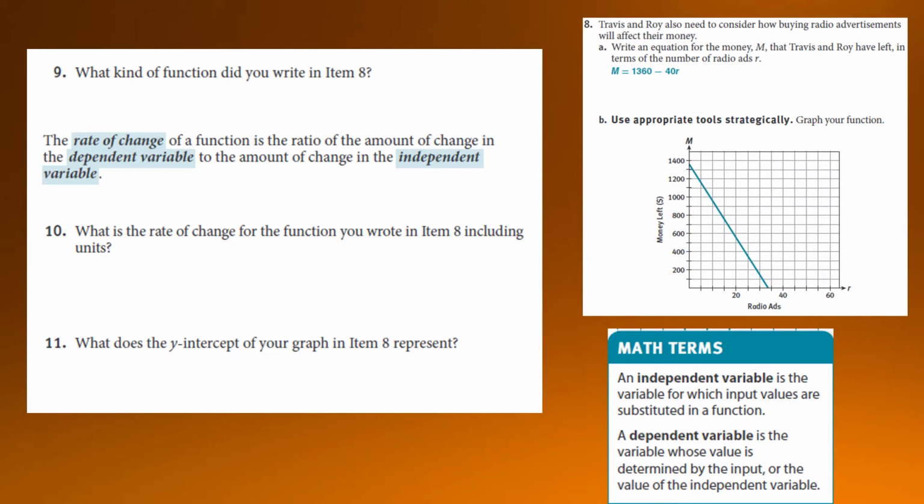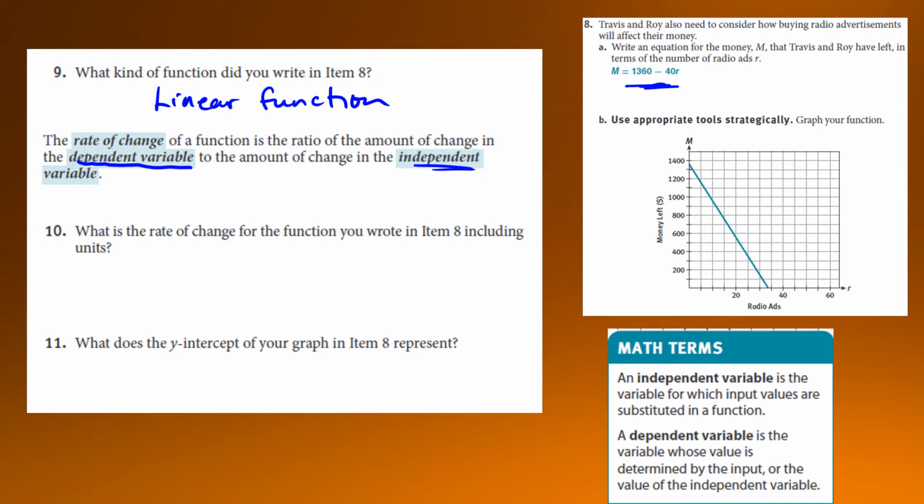What kind of function was that we just wrote? That's a linear function. You know how you can tell it's a linear function? I hope you do. Because it has a constant rate of change. Let's see, the rate of change of a function is the ratio of the amount of change in the dependent, so that's the change in y, right, the dependent, to the amount of change in the independent, that's your x.